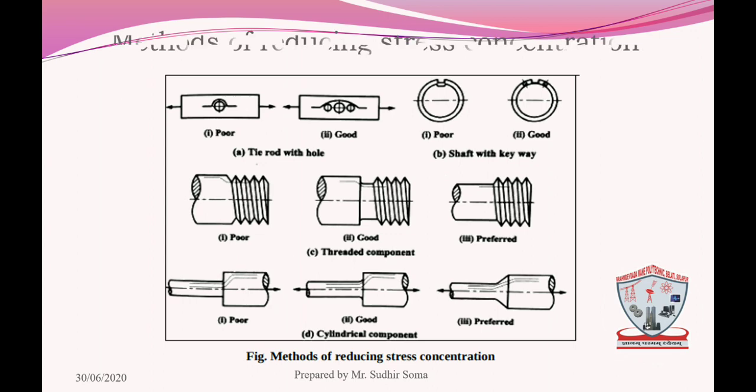So in the next slide you see the methods of reducing stress concentration. It occurs for all kinds of stresses in the presence of fillets, notches, keyways, splines, surface roughness, and scratches.